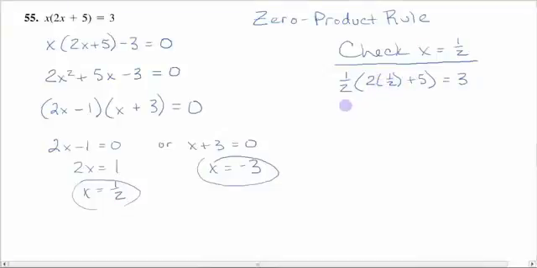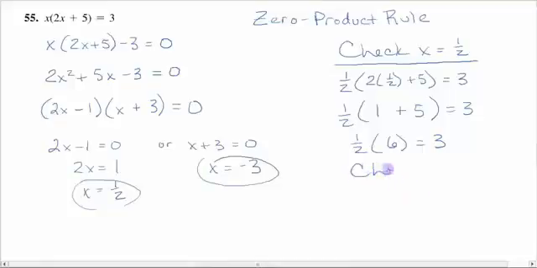So 2 times 1/2, we'll go ahead and do that. 2 times 1/2 is 1, plus 5, and write everything else as it was. The only thing that's changed is that 2 times 1/2 has turned into a 1. Then I have 1/2 times 6 equals 3, and half of 6 is 3, isn't it? So that means that our x equals 1/2 does work.